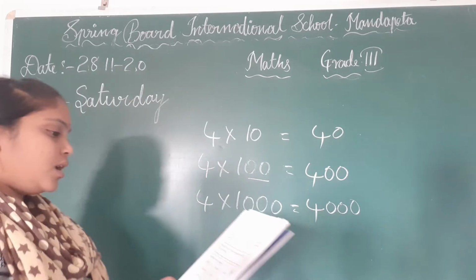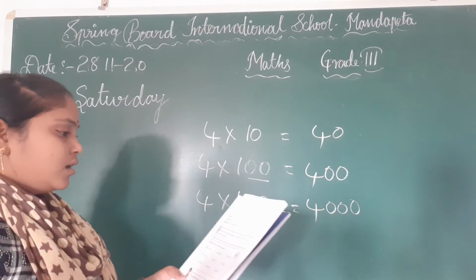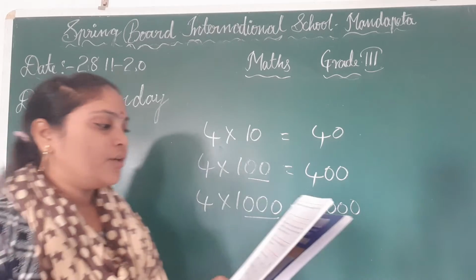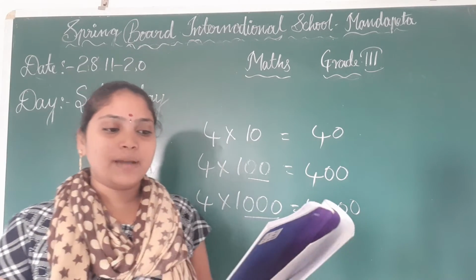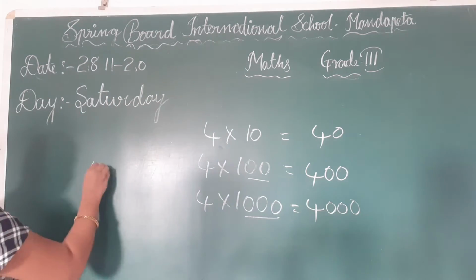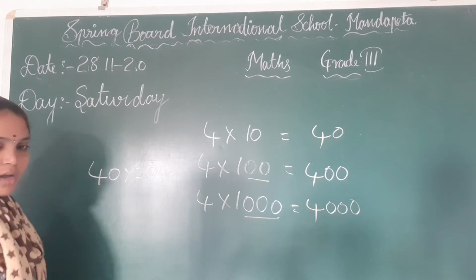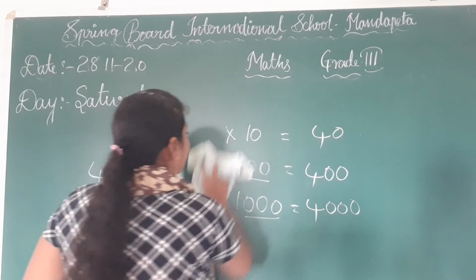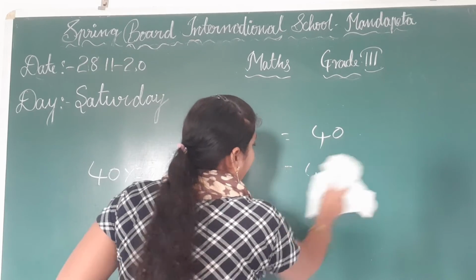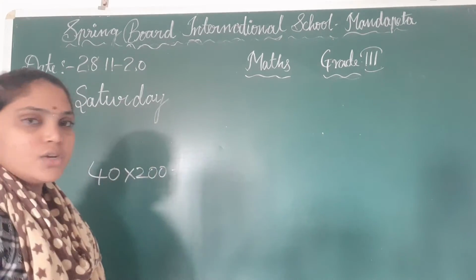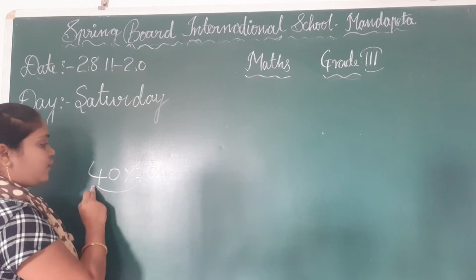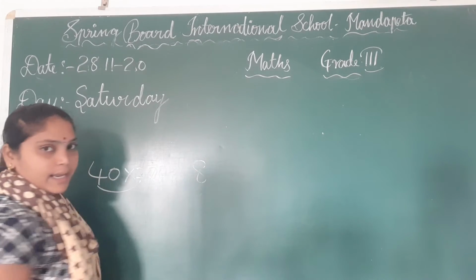Okay. Now observe how we can quickly multiply the numbers 40 and 200. So first multiply with 2. 4 2s are 8.